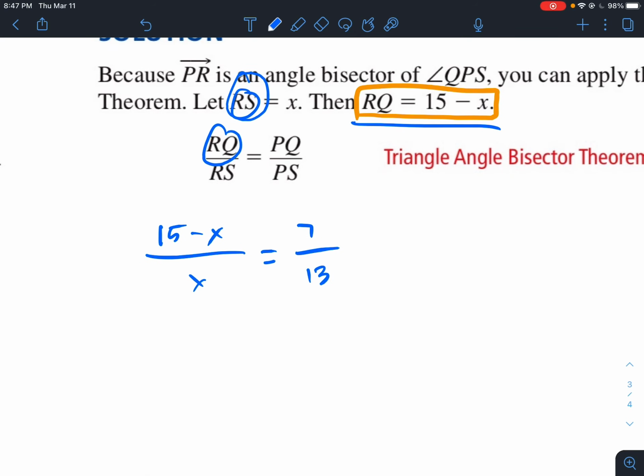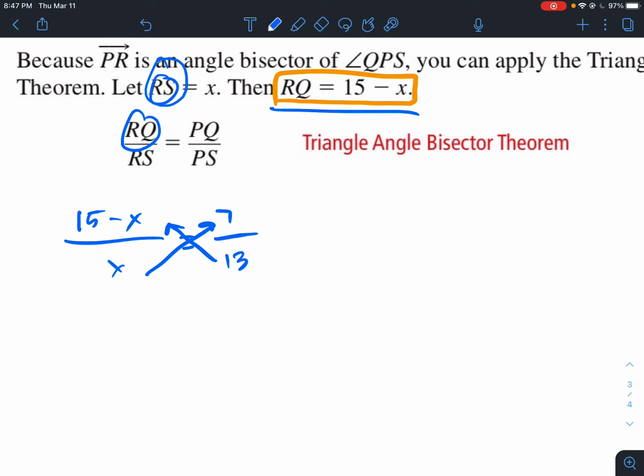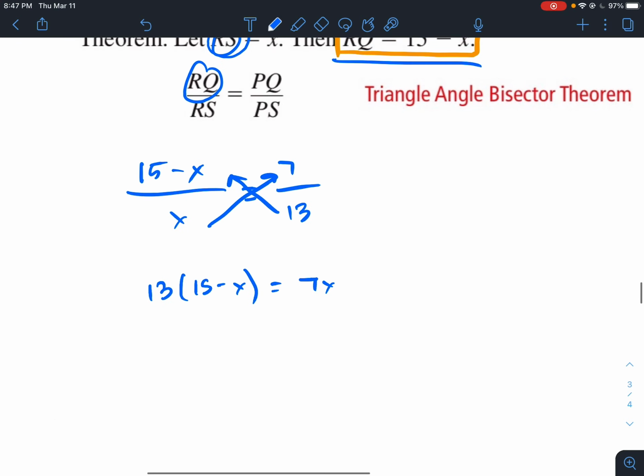So what I'm going to do is cross multiply. Now, cross multiplying is a way of eliminating denominators. So I can multiply 13 by 15 minus x, and that is equal to 7x. So I can distribute this 13 to the 15, so 13 times 15, I get 195 minus 13x equal to 7x.